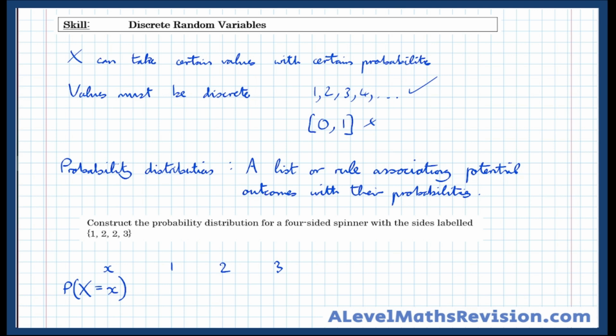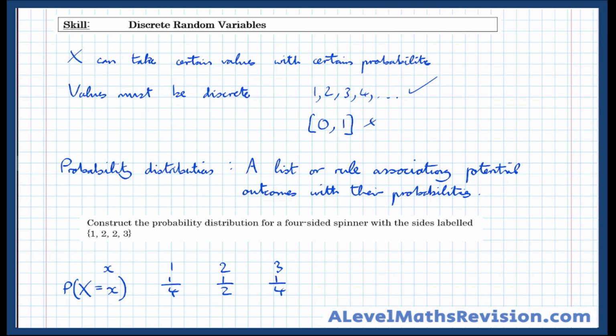So the probability that the actual value of the variable is equal to this potential value, in which case 1, would be 1 out of 4. There's 4 different corners to the 4-sided spinner, one of which is 1. The probability of the outcome 2 is 2 quarters, 1/2. And the probability of the outcome 3 is back to being a quarter again.